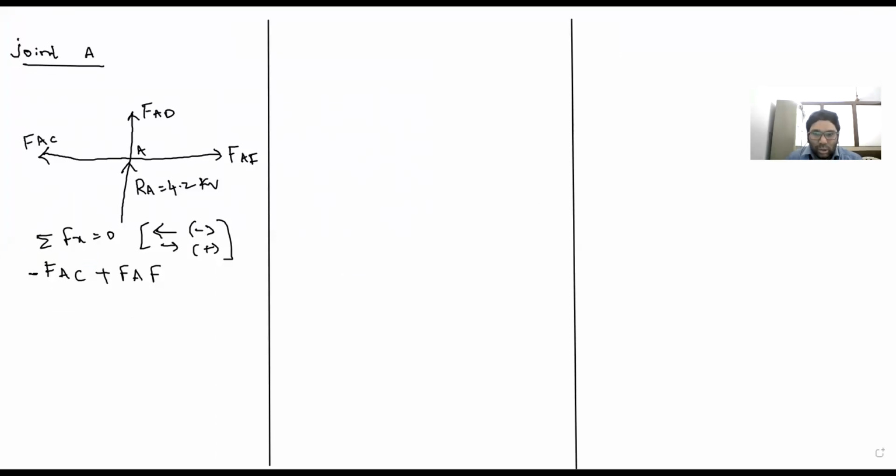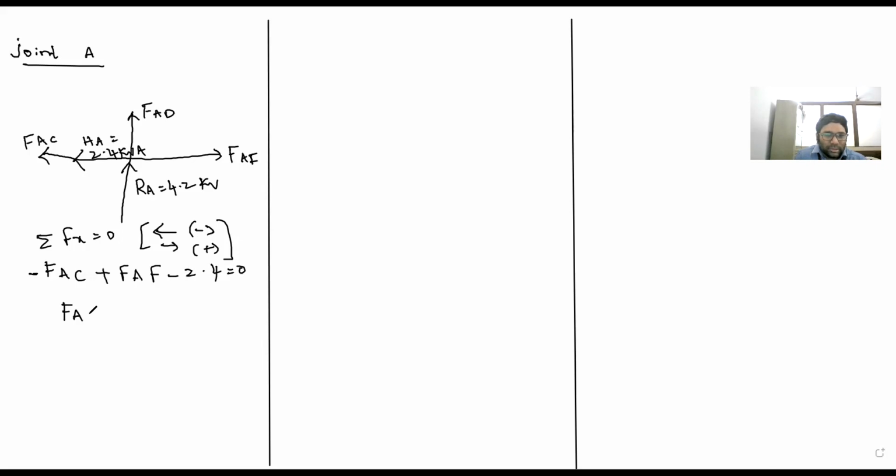So HA is 2.4 kilonewton, in this direction. So minus 2.4 is equal to 0. Okay. And we already know what FAC is. FAC is already known, that is 1.33 compression.